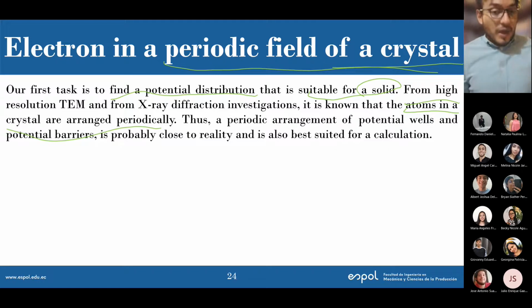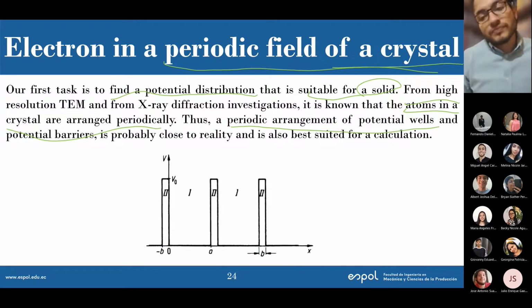Therefore, what model am I going to use? Well, obviously it has to be periodic, and it's actually a periodic arrangement of potential wells and potential barriers, something like this. Sort of the same case as before, just now that it's periodic, so I have to repeat these barriers over and over again.